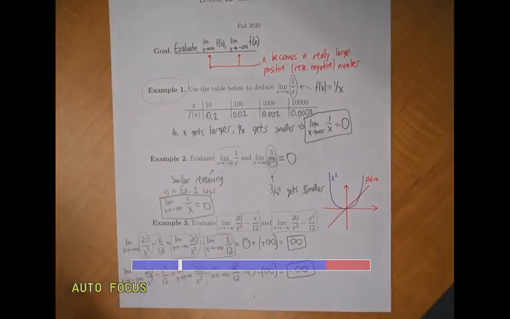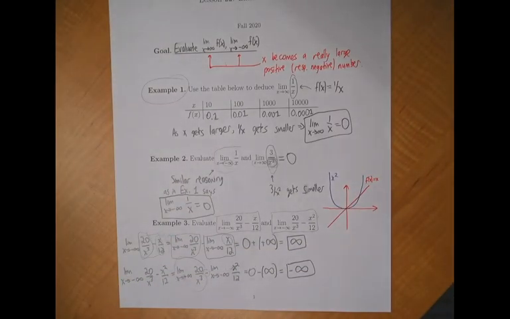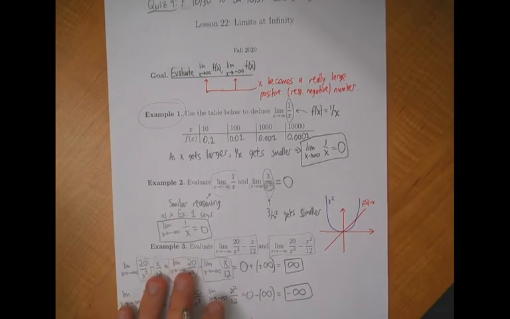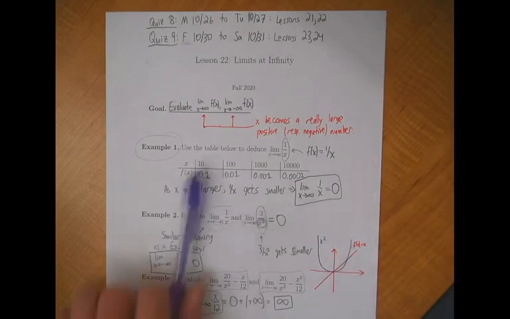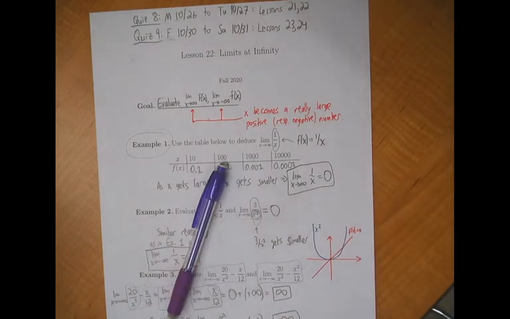What lessons is today's quiz on? There's no quiz today. What was the next quiz? Wait a second, hold on, I should probably check this. Piazza. Oh, okay. For some reason, I thought the quiz was on Monday.